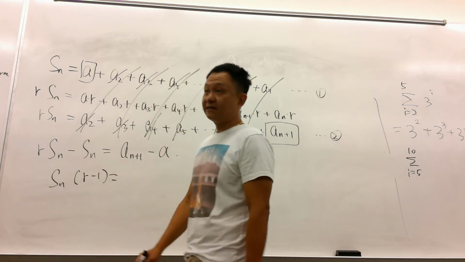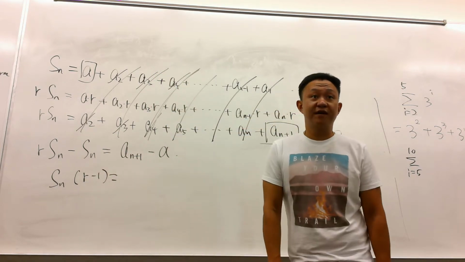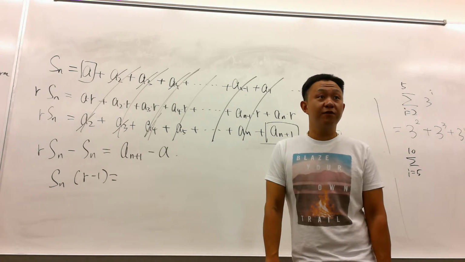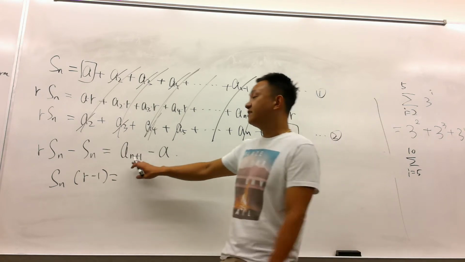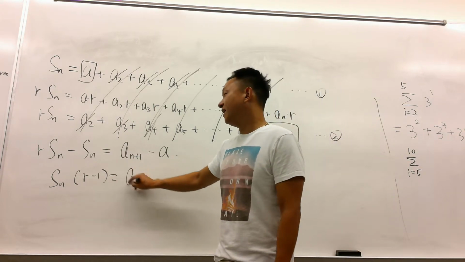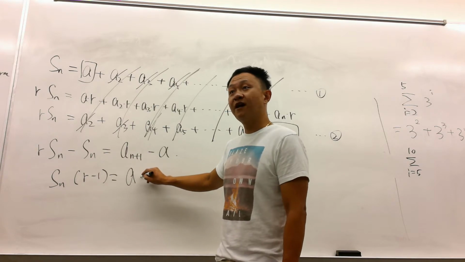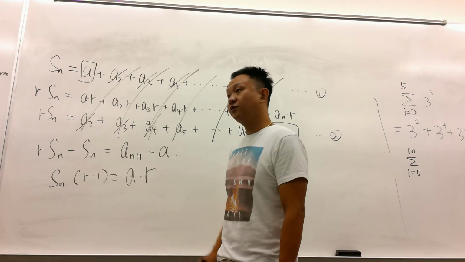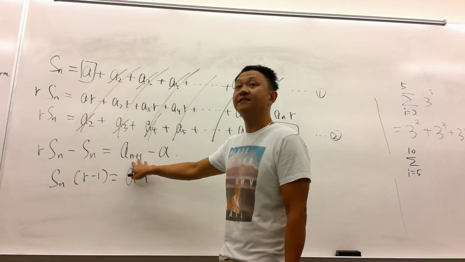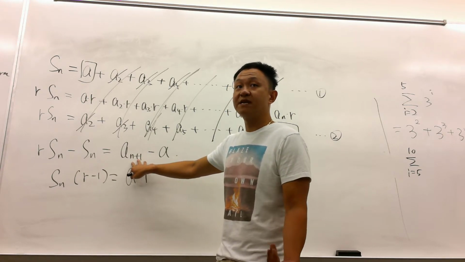And then on the right hand side, guys, what is a sub n plus 1? Based on the formula for the common term, a sub n plus 1 is what, guys? A times, are you still with me? A times the common ratio r to the power of the index minus 1. N plus 1 minus 1 gives you what?